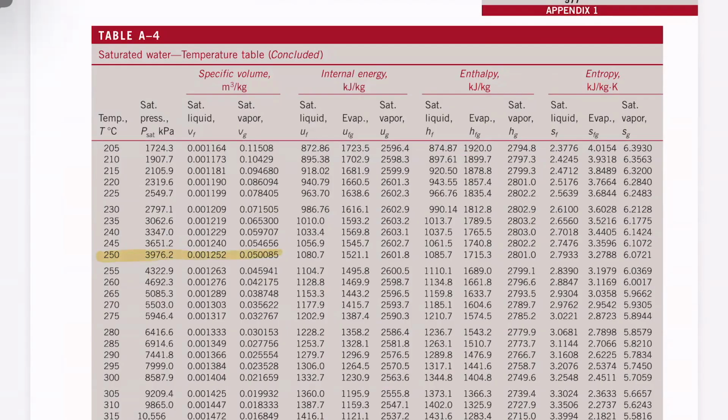So I'm going to make note of vf and vg here. And I'm also going to make note of my saturation pressure as well. So I'm going to just copy all of this for reference.